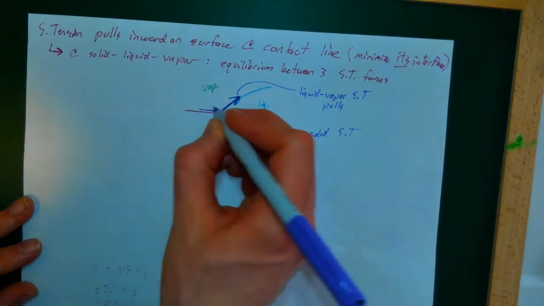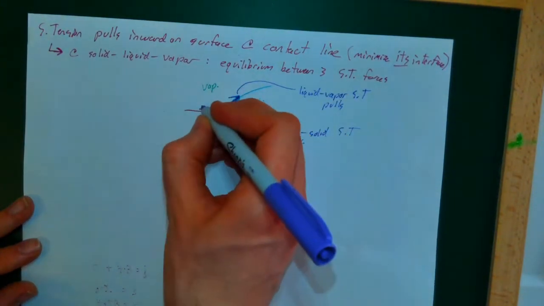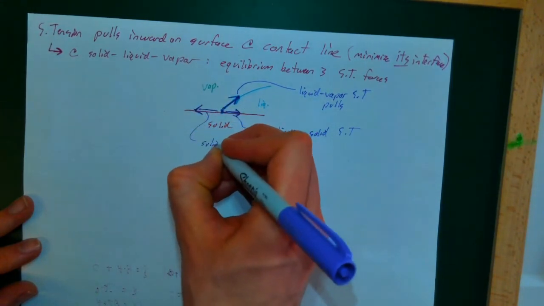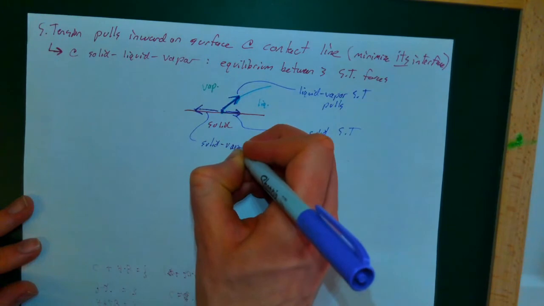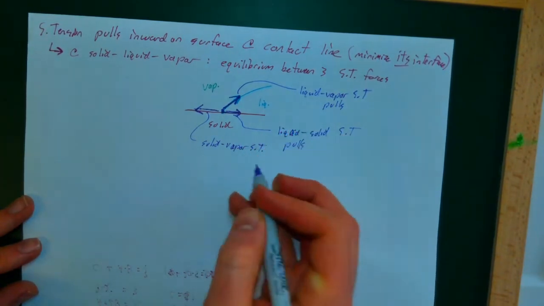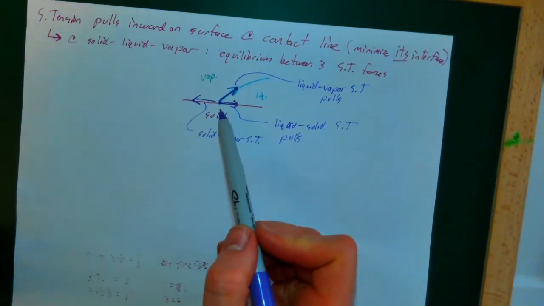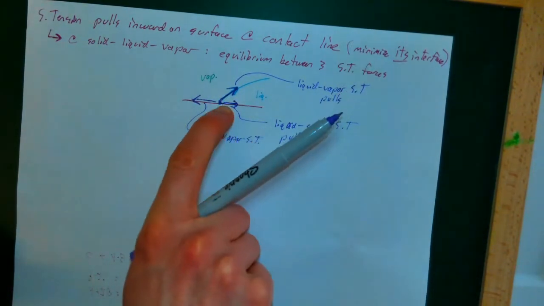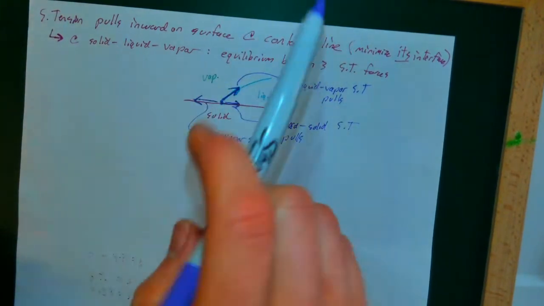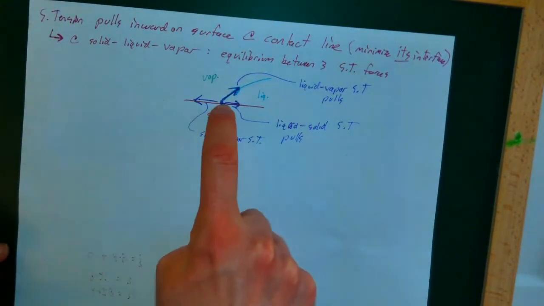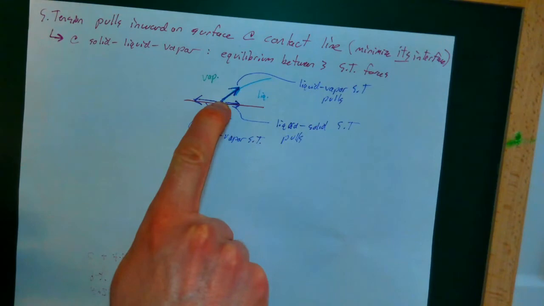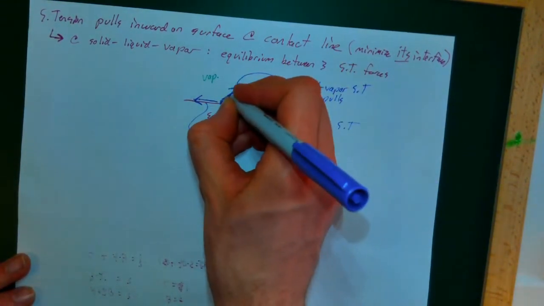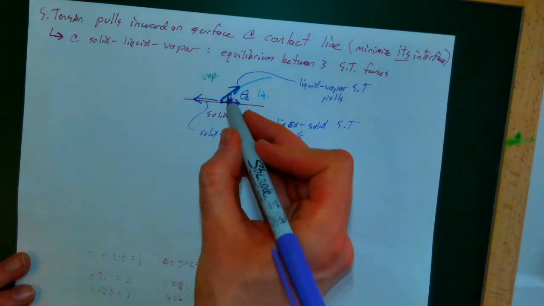But there's also surface tension between the solid and vapor, and the solid-vapor surface tension pulls it this way. So you can imagine there's this three-way tug-of-war where these two are tugging it this way, this one's tugging it this way, and at equilibrium we'll get our contact angle between these two.